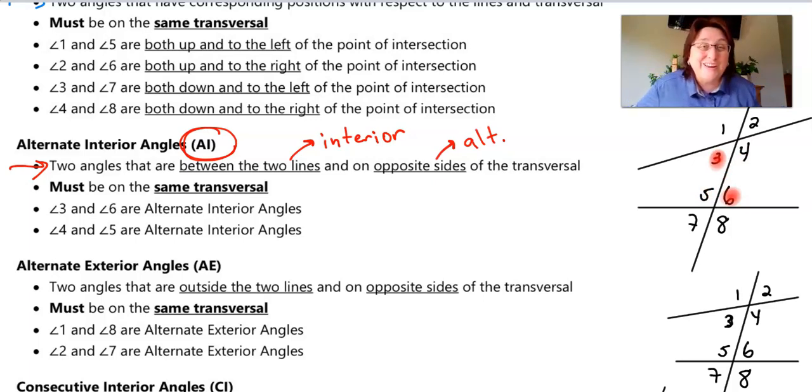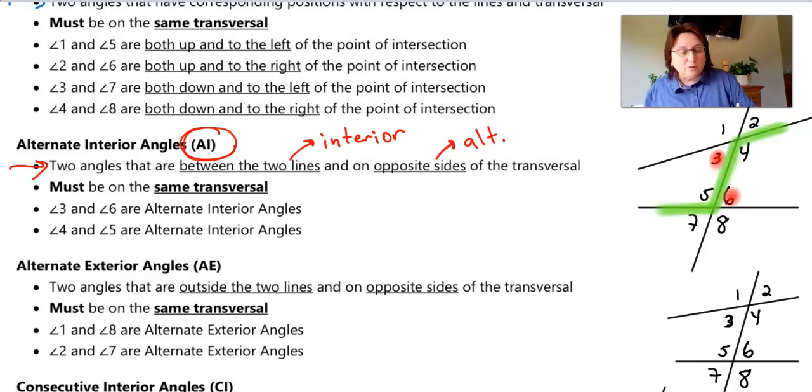Now, I'm going to show you a neat little trick for identifying alternate interior angles. I call it the Z method. I can draw the letter Z by starting on one line, going down the transversal, and going the opposite way on the other line. If I can draw the Z, then I can identify alternate interior angles. So watch this. I start up here on this line, go down the transversal, and go the opposite direction on the other line.